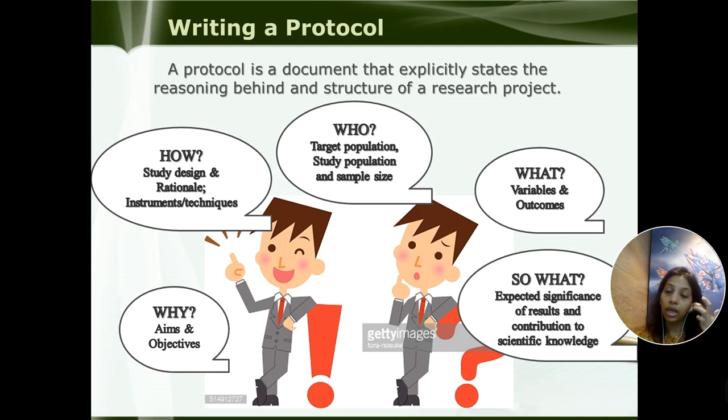So this is your aim, comparative evaluation of the efficacy of chlorhexidine and herbal mouthwash. So to know the comparative evaluation, you need to know the individual efficacy of these two mouthwashes. So your first objective will be to know the efficacy of chlorhexidine mouthwash. Your second will be to know the efficacy of herbal mouthwash, and third will be your comparative evaluation.